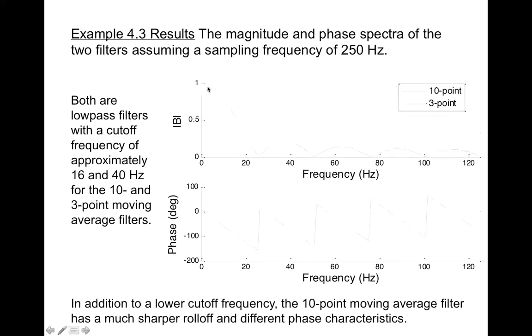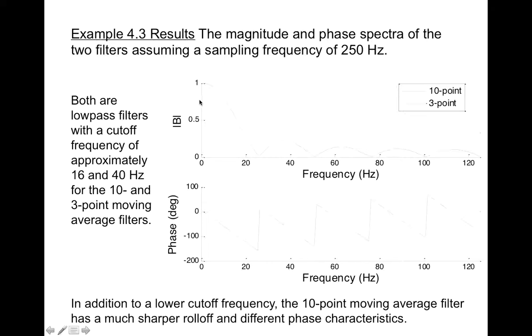The fact that the 10-point filter comes down to 0 dB at about 25 Hertz basically means that this 10-point filter is cutting the higher frequencies off more effectively. And the 3-point filter, you notice that it comes down to 0.7 dB about here.